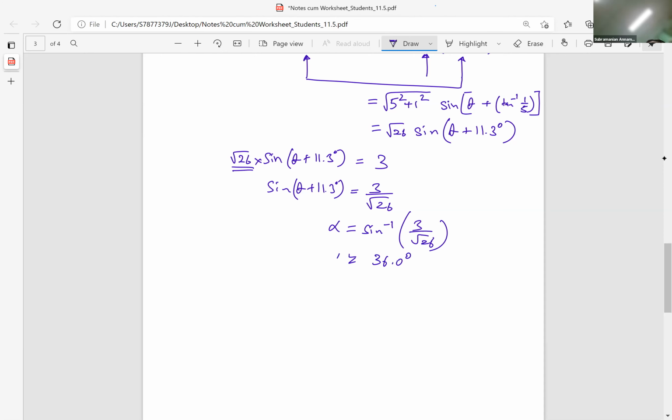Okay. Now, since this is positive sine ratio, it belongs to the first quadrant and second quadrant lah. Okay, so basically it is theta plus 11.3.